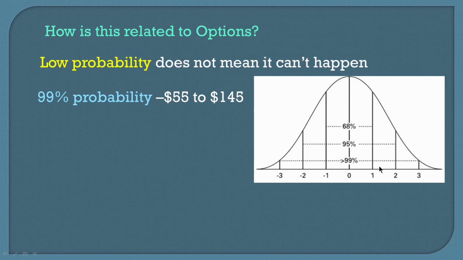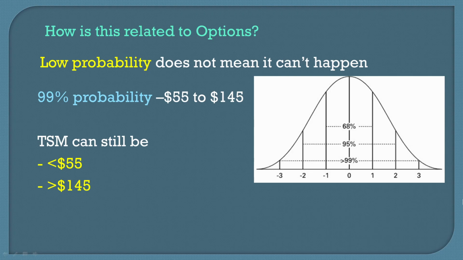Even though the current implied volatility is saying that there's a 99% chance that TSM will be in this price range, it does not mean that TSM can't be lower than $55 or higher than $145 1 year from now. Always be aware of this. The same also applies when calculating 4, 5, or even 6 standard deviations.